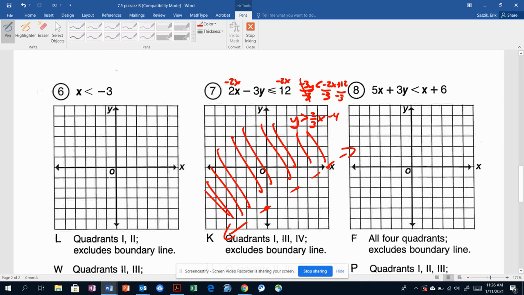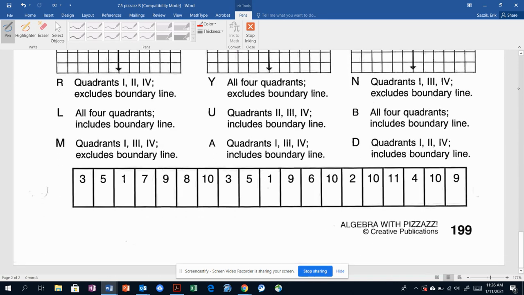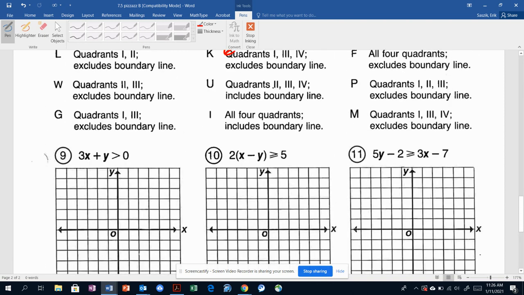Negative 3y divided by negative. We switch this direction to greater. Oh, it's greater than or equal. See, this should have the line underneath it. So that should be a solid line. I was just going too fast there. So greater than or equal to, that would be all four quadrants, including the boundary line.